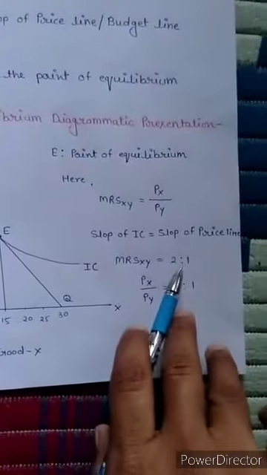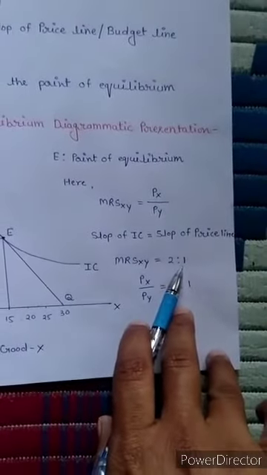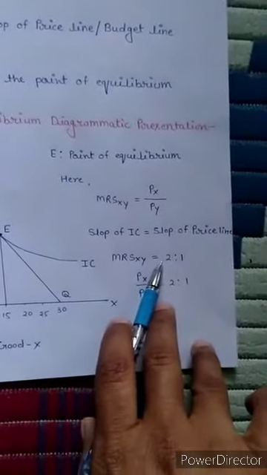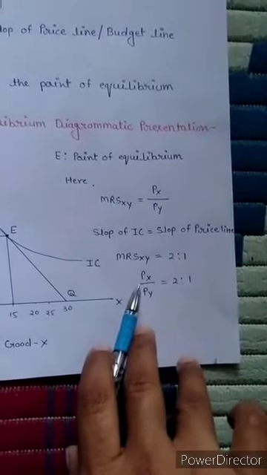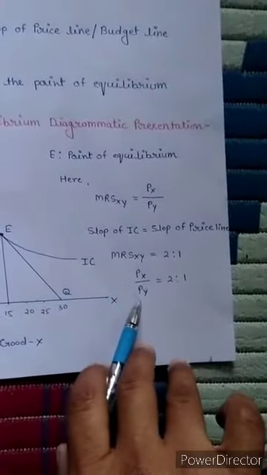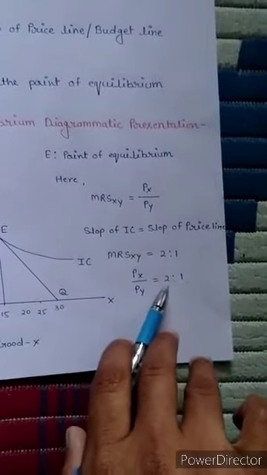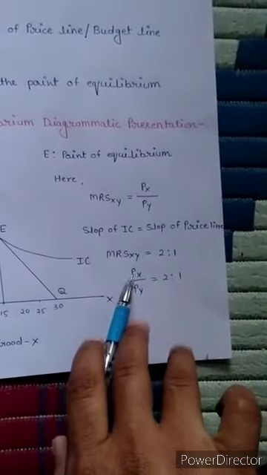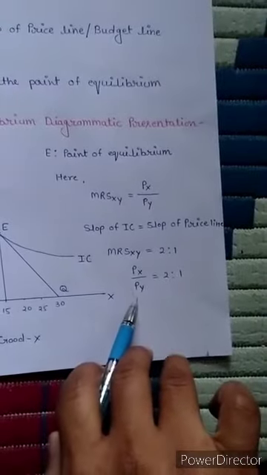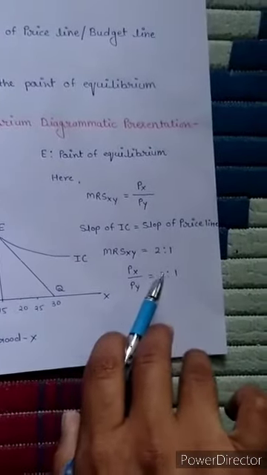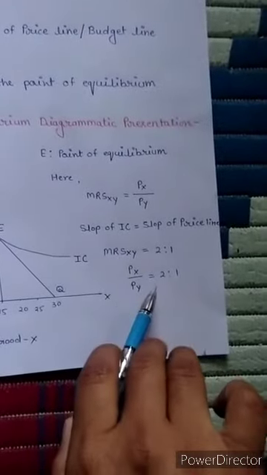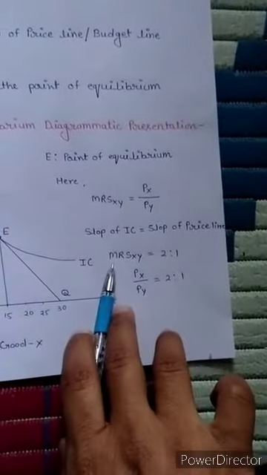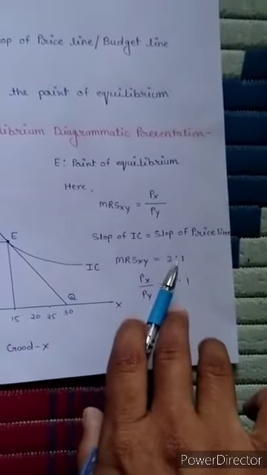The market rate of substitution is also 2:1, since the price of commodity X is 2 rupees and the price of commodity Y is 1 rupee per unit.